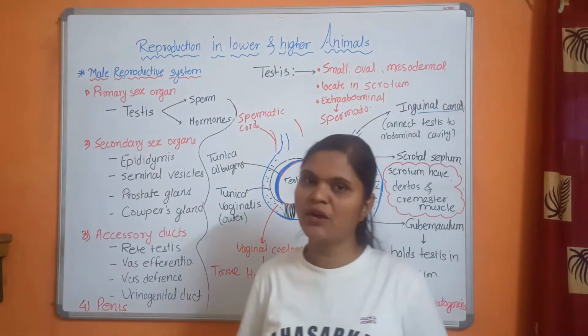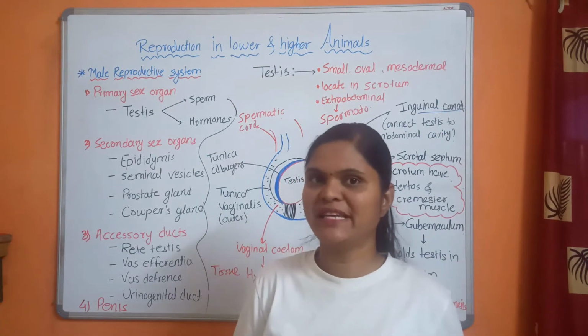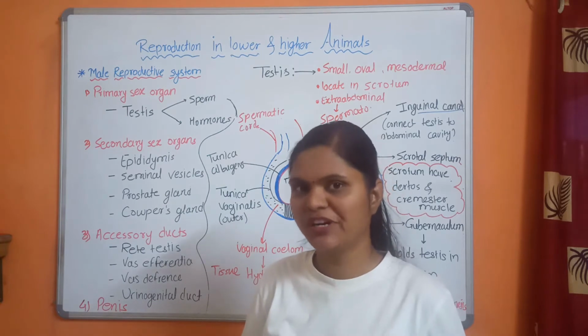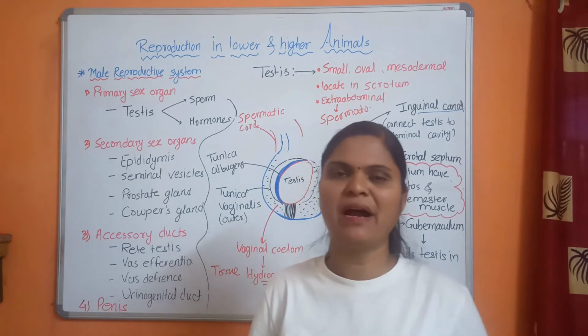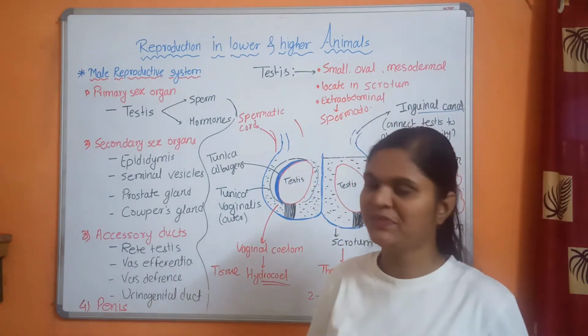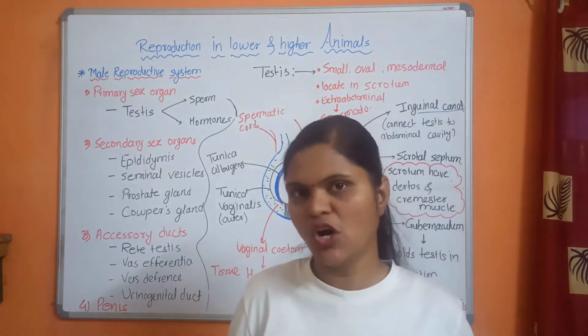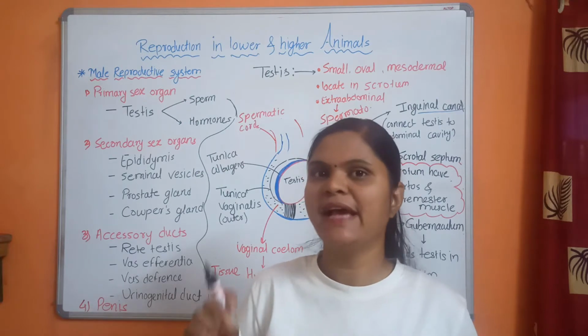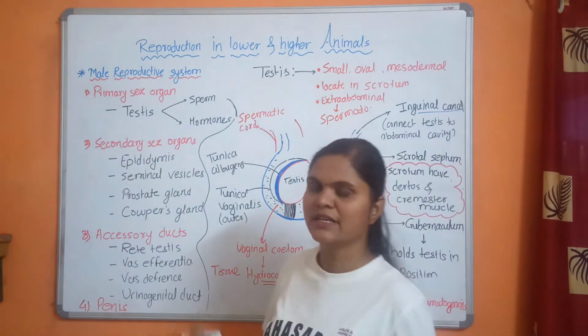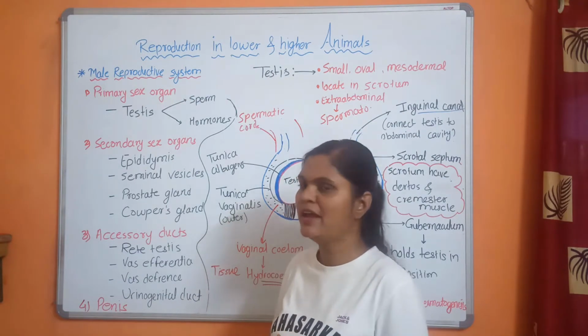Organs other than the primary sex organs are also essential for reproduction, but they do not take part in the spermatogenesis process. Such organs are called secondary sex organs or accessory sex organs, in which some structures and glands are involved.